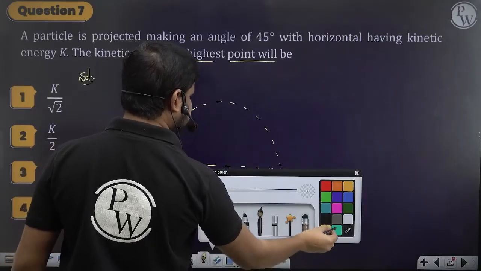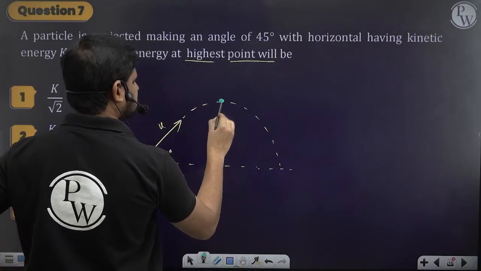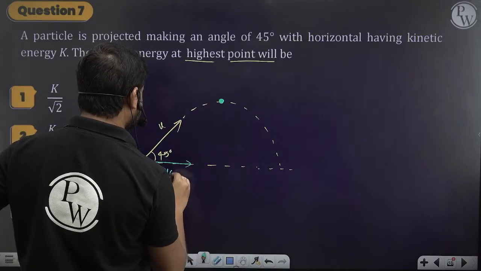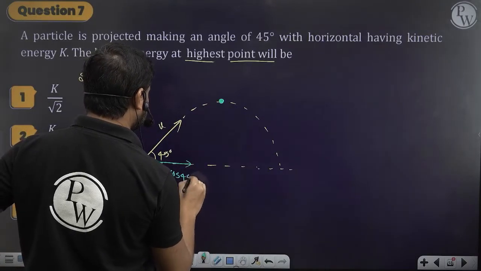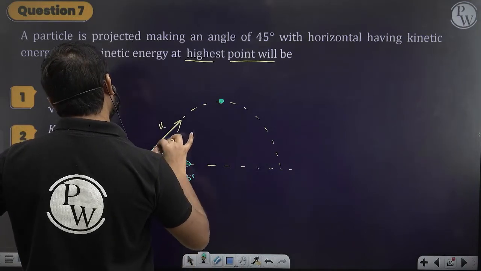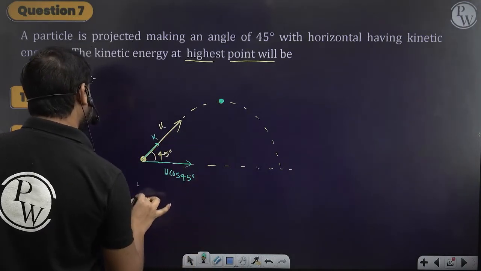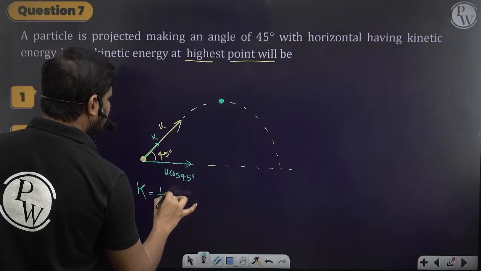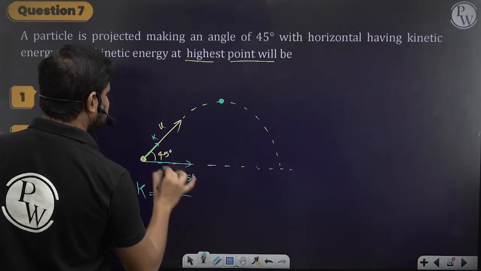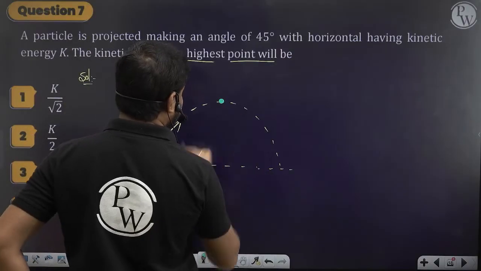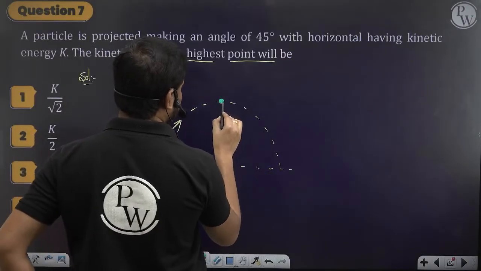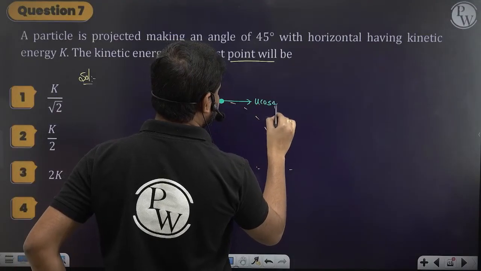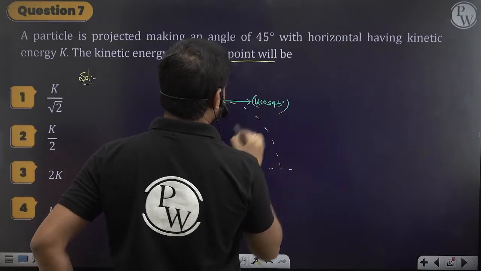At the highest point, it will have the initial horizontal component of velocity, u cos 45, right? Here it has the kinetic energy k. So the initial kinetic energy k is equal to half m u square. Its velocity is u, right? Now at the highest point, it will possess only u cos 45 degrees.